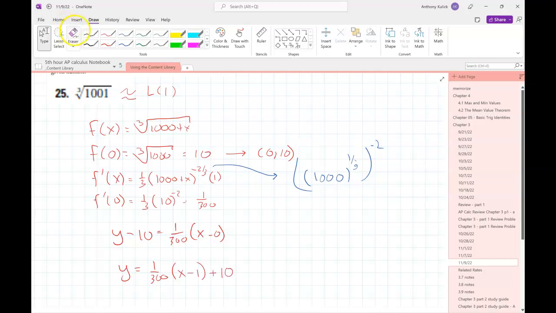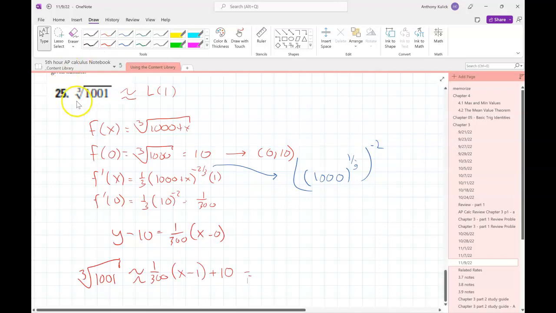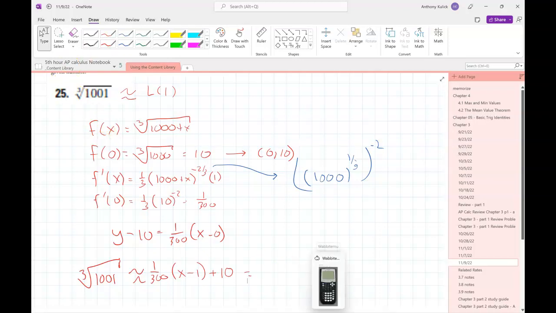So now I can take my approximation, which is just my linearization, my tangent line, with 1 plugged in. Why is it 1? X plus 1. Oh, yeah. Thank you.